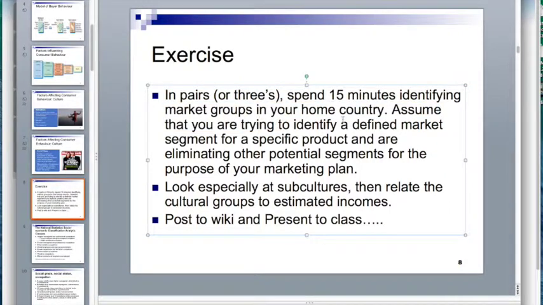So what we want you to do is assume that you are trying to identify a defined market segment for a specific product. So you have to think of a product for which you are looking to identify the market segment, the market groups.